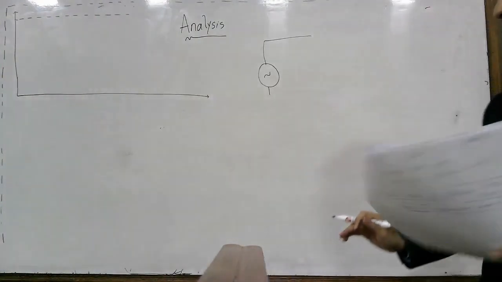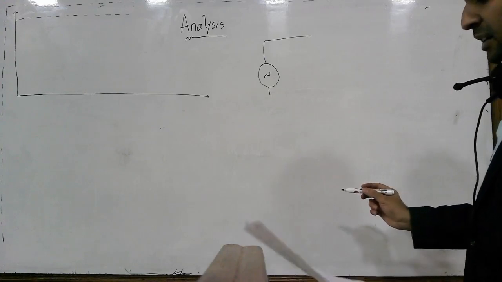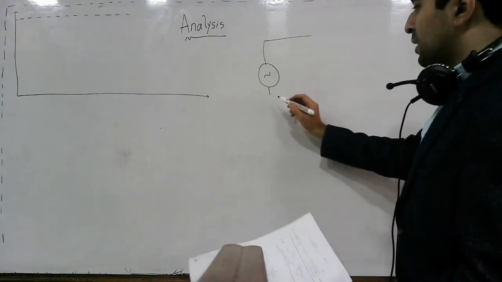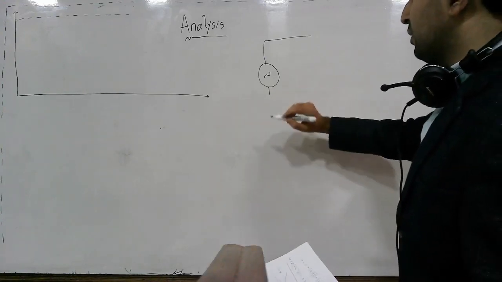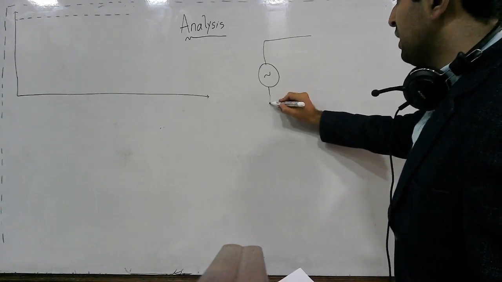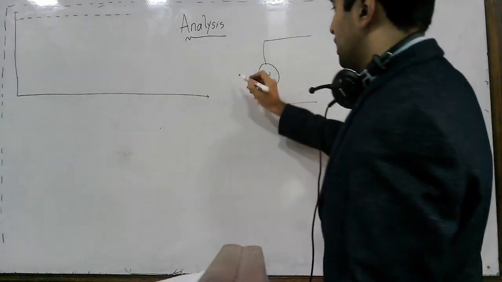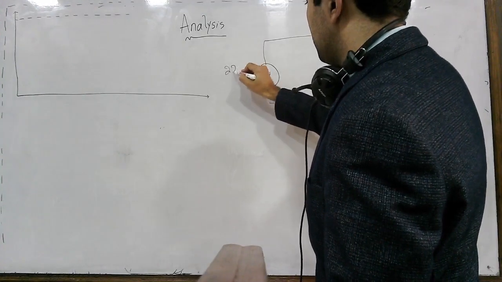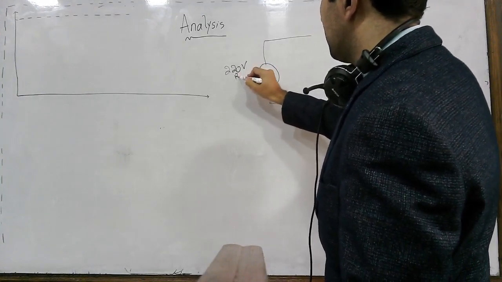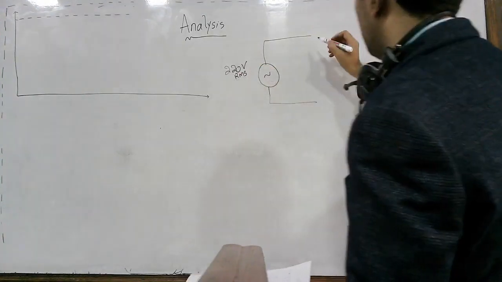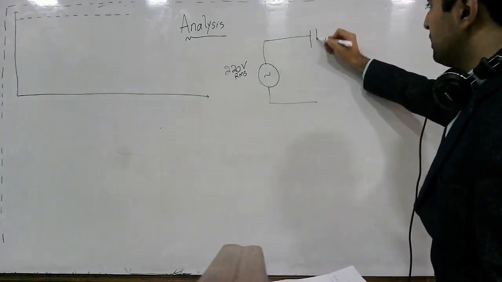Okay, so let's start the analysis of a more practical and easily buildable Cockcroft-Walton multiplier circuit. Let's say here we have the voltage source of 220 volts RMS, and we are going for only a single stage.